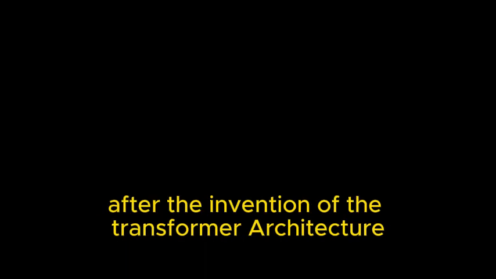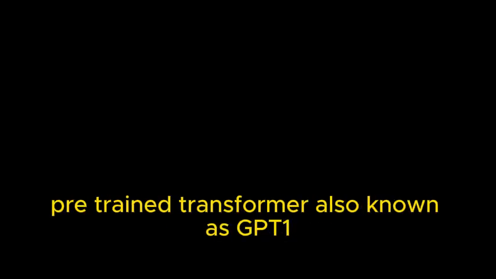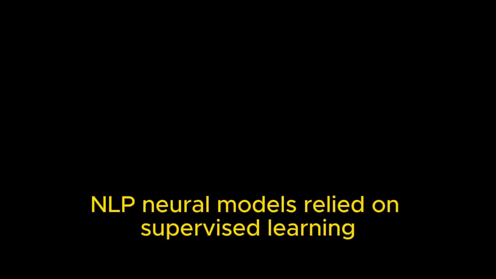In mid-2018, just 1 year after the invention of the transformer architecture, OpenAI published a paper titled "Improving Language Understanding by Generative Pre-training," by Radford et al., in which the company introduced the Generative Pre-trained Transformer, also known as GPT-1. Before GPT-1, the common approach to building high-performance NLP neural models relied on supervised learning.